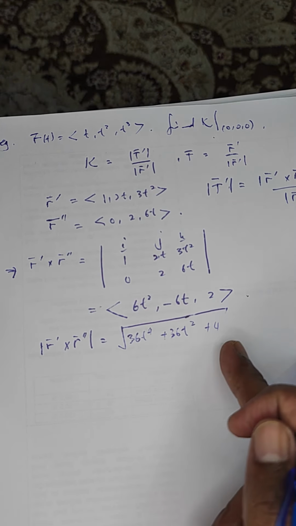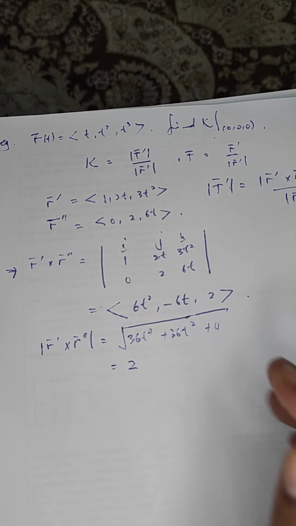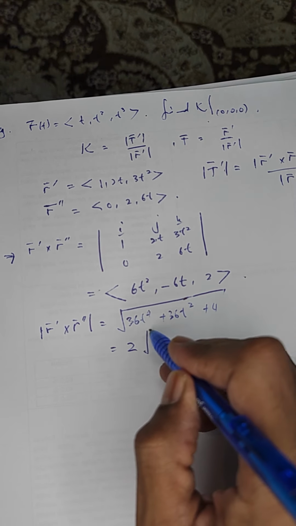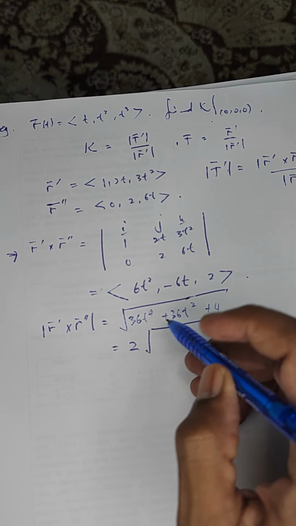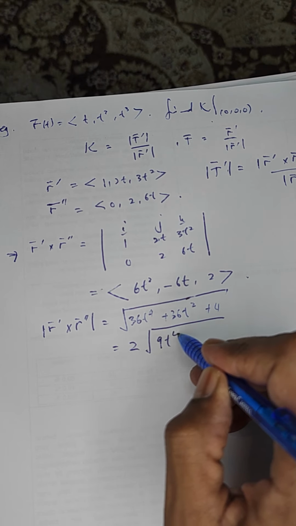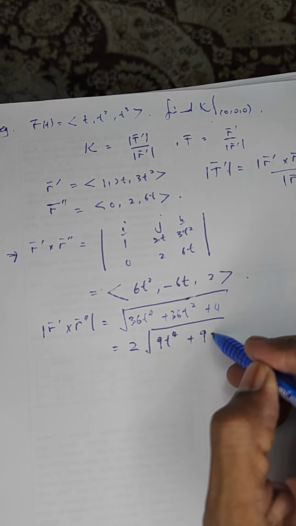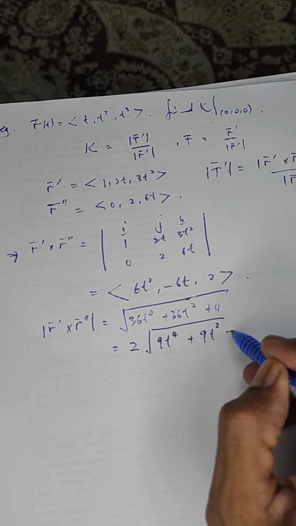Okay, of course you can factor out 4, that gives you 2 times square root of 9t^4 plus 9t squared plus 1.